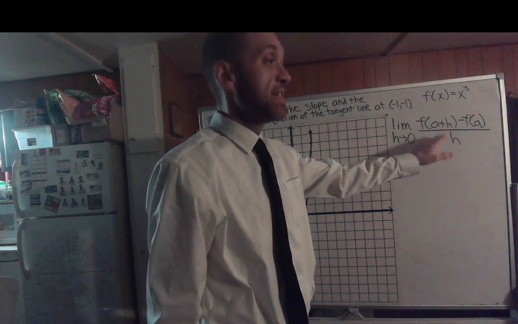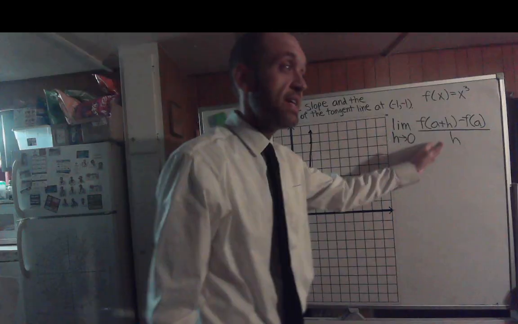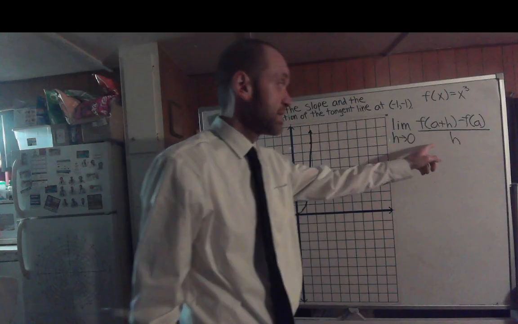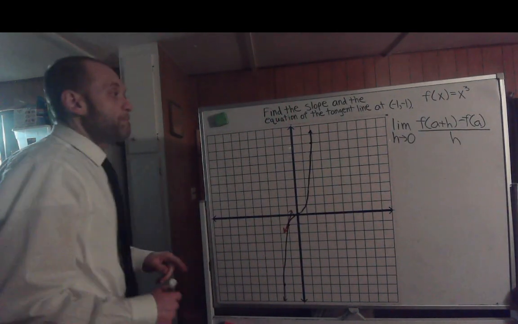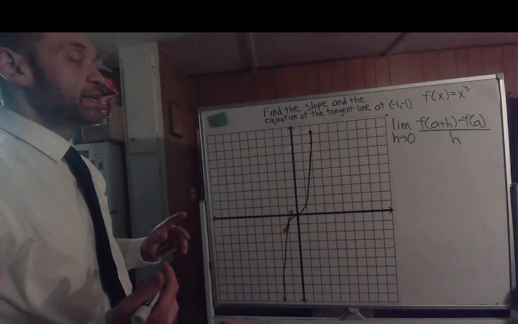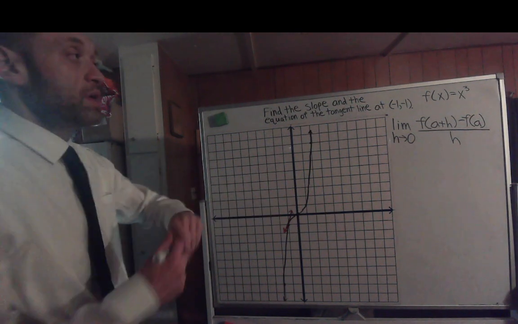This is your instantaneous velocity, your instantaneous rate of change, your instantaneous slope of the tangent line at that particular point. So what if I wanted to use this formula to find my slope at -1, -1?